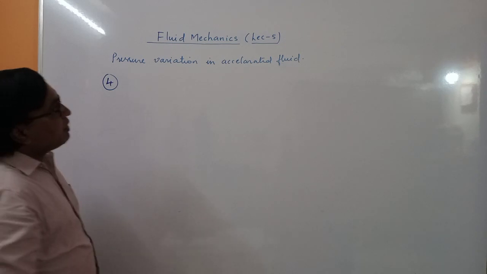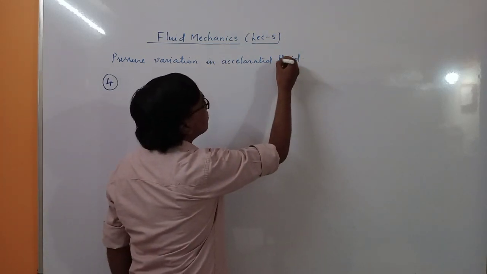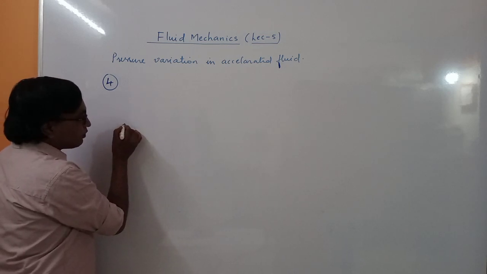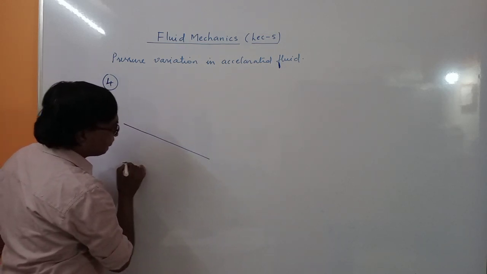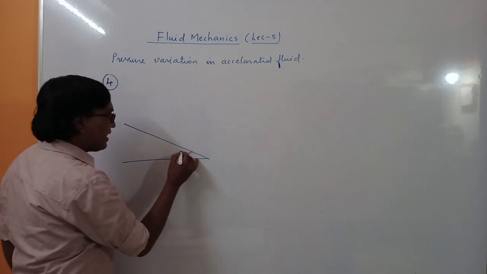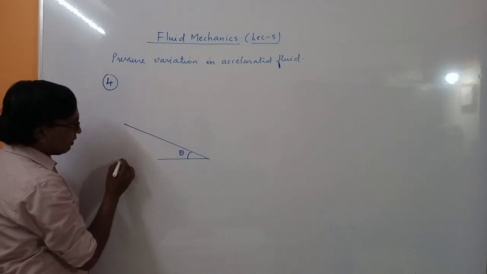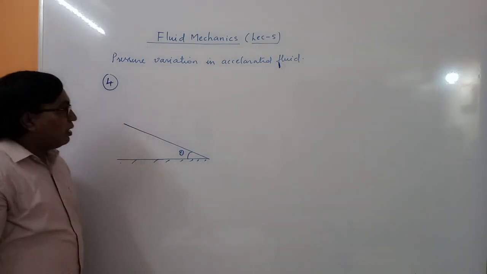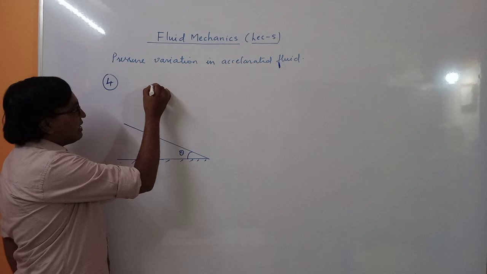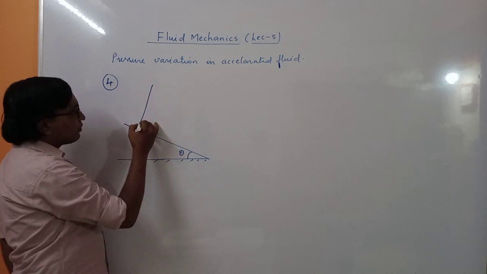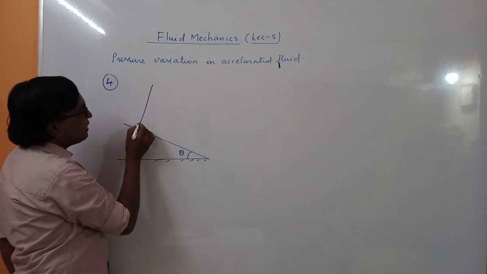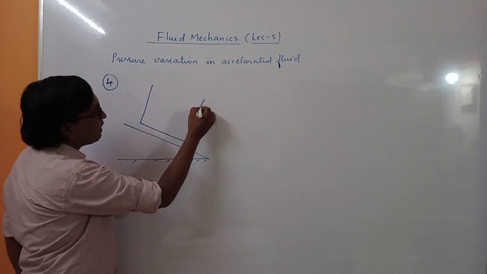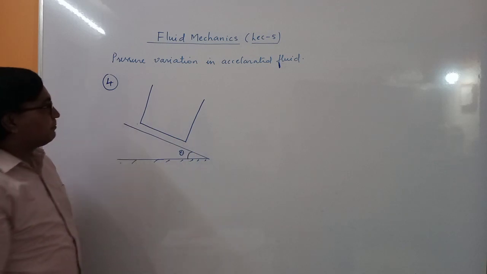So fourth problem, we have an inclined plane which is making an angle theta with the horizontal, and we have a container filled with some fluid accelerating along this plane.